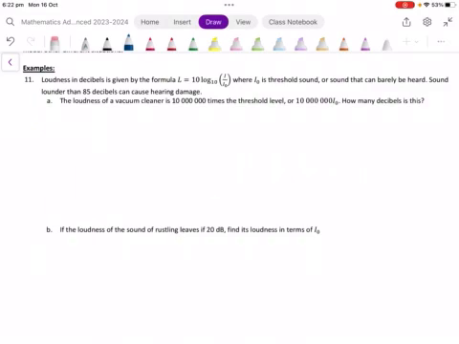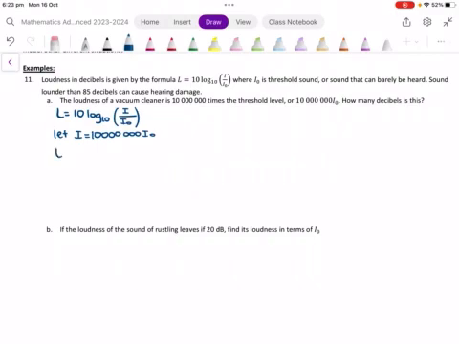So what we want to do here is use our formula of L equals 10 log base 10 of I over I0. This is where we are going to let our I equal 10 million I0, because I is our top there, and I0 is just our threshold sound.